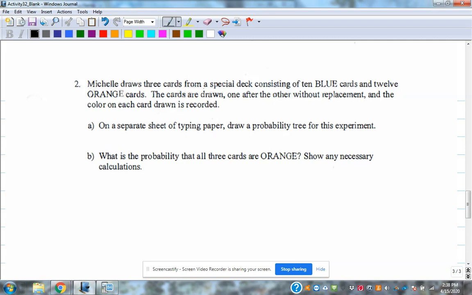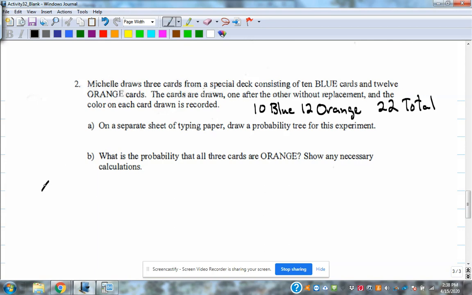So let's move on. Michelle draws 3 cards from a special deck consisting of 10 blue cards and 12 orange cards. 10 blue, 12 orange, 22 total. Okay. So probability tree, you should be able to draw that.